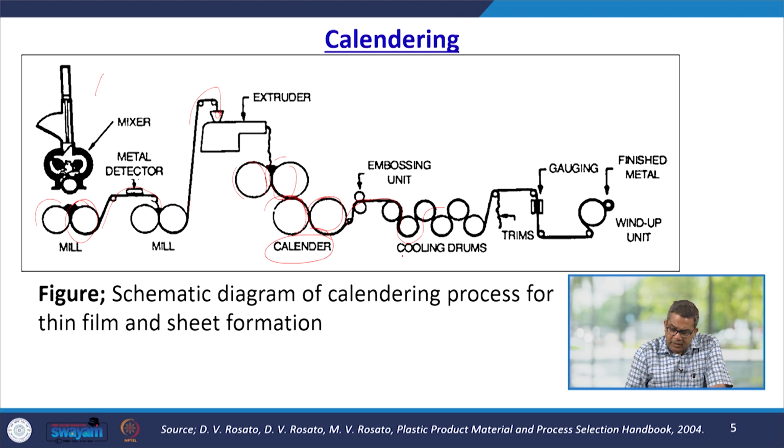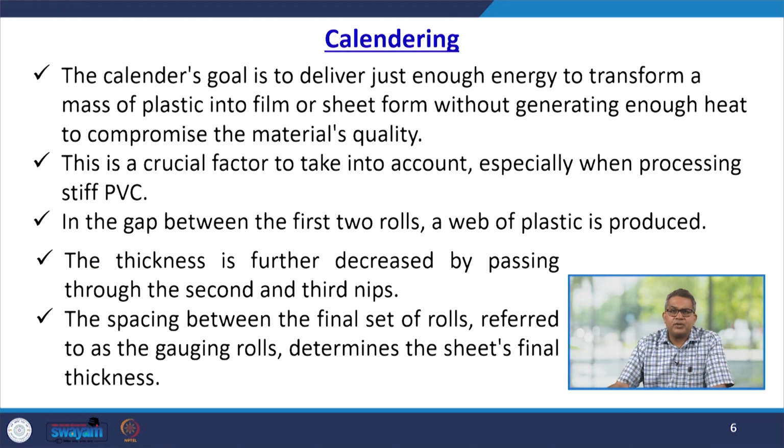These are the cooling drums, so that the film cannot deform. The appropriate cooling temperature is maintained over here and then it is trimmed and gauged and then it rolls over the winding up unit. So, this is the schematic diagram of the calendering operation.